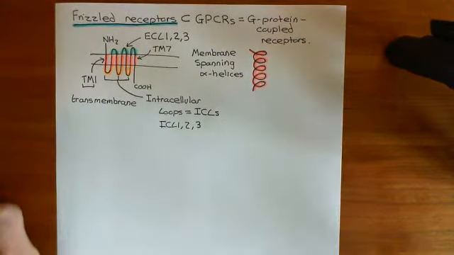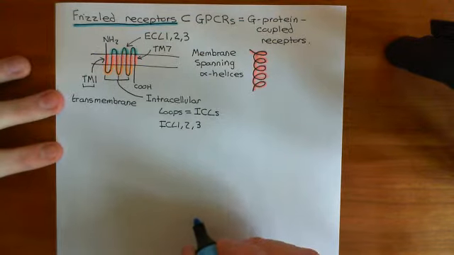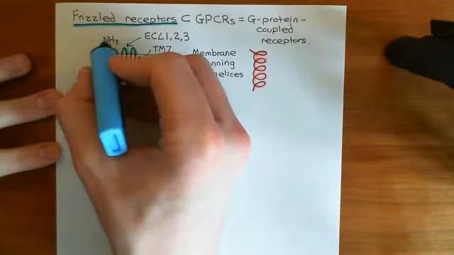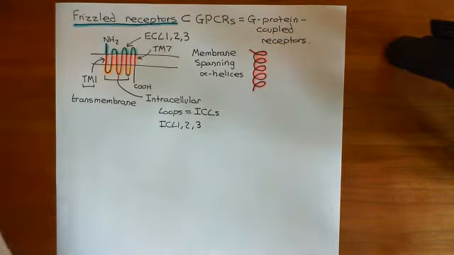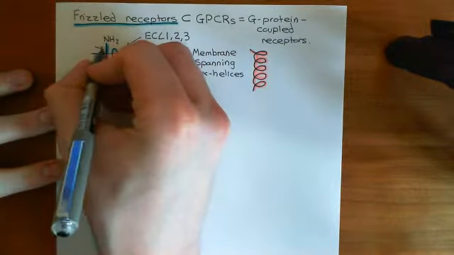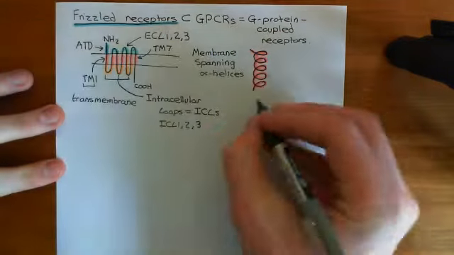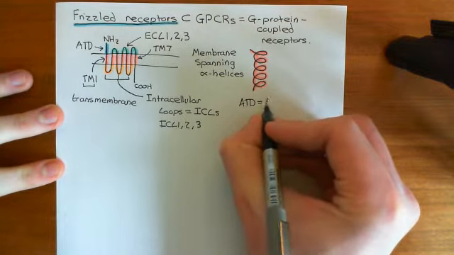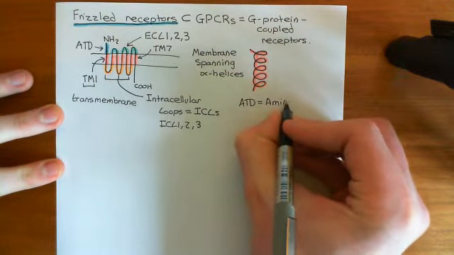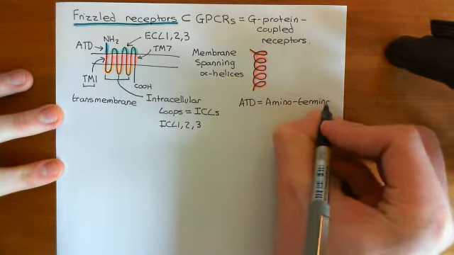Additional structures that these G-protein coupled receptors all share is this portion that is prior to the TM1 domain. This is known as the amino-terminal domain, or the ATD for short. ATD stands for A for amino, T for terminal, and D for domain.